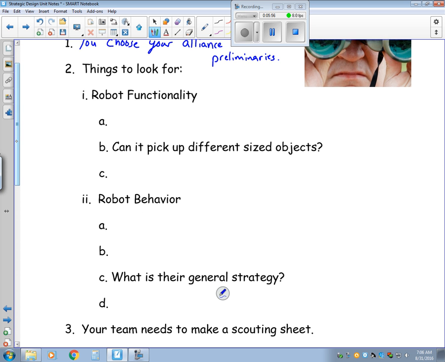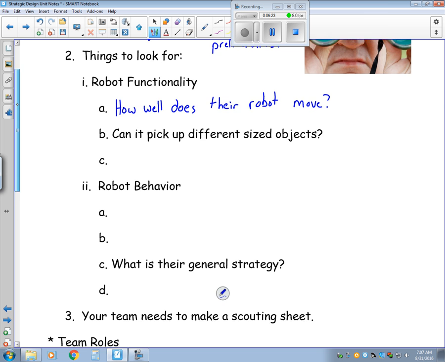First, robot functionality. How well does that robot move? Can it pick up different sized objects?